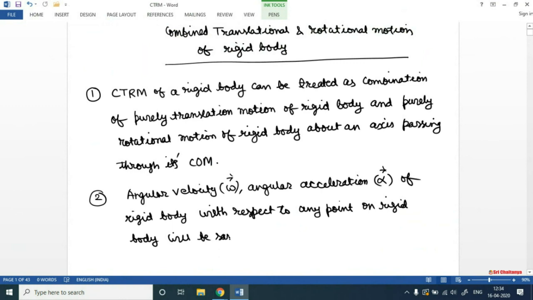We have already seen and justified this result in the very first lecture of rotational mechanics, so we will be using that.